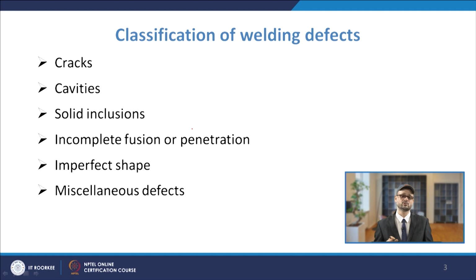If they are not able to go out, they remain in the weld. So, cavities may be because of these gases. In those cases you can have blowholes, where holes are inside the weld pool. Then you may have porosities, and you may have shrinkage. All these are the different kinds of cavities which may be generated.